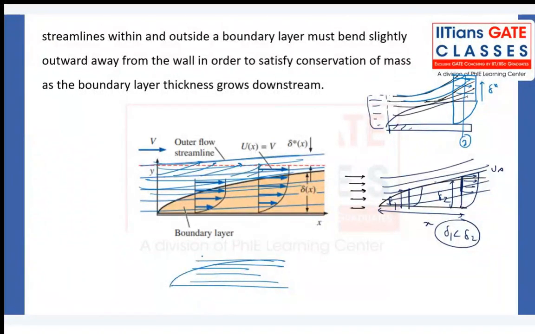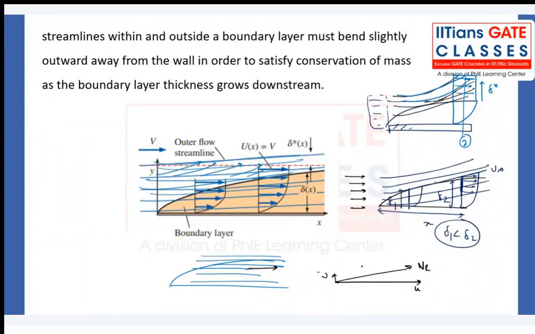If it flowed like this, it could not provide some extra area. So to satisfy mass conservation, it will start flowing like this also. So it has both the component u as well as a small v, so that the resultant velocity will be like this.